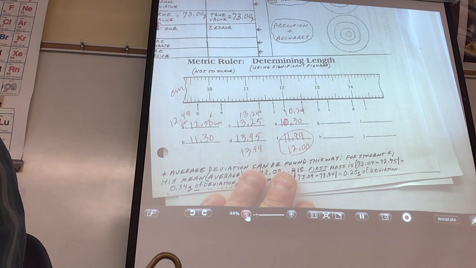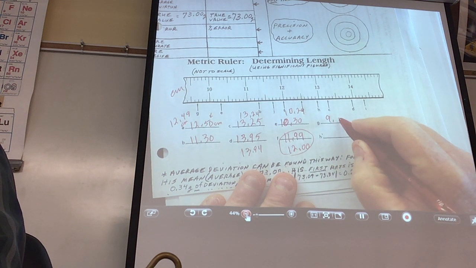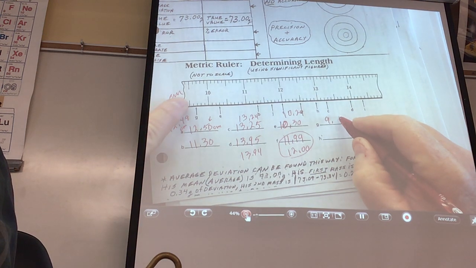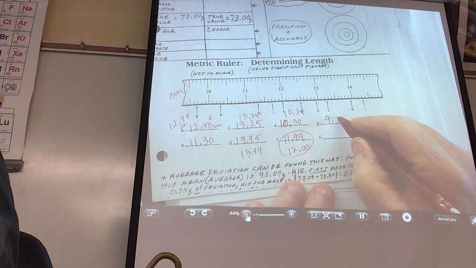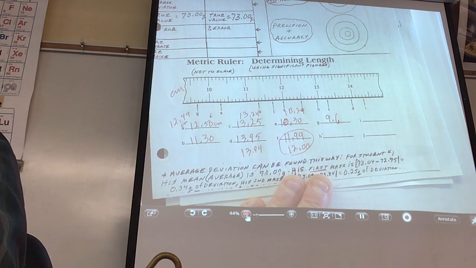How about G? And this little line means just 5. That means it's 5. So 9.5, 9.6. Go ahead. 9.6 what? Do you think it's halfway or not?